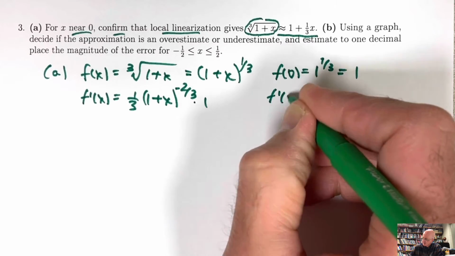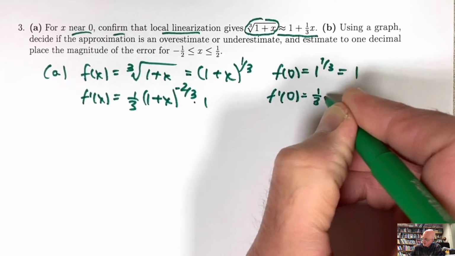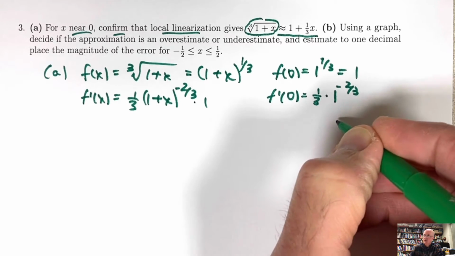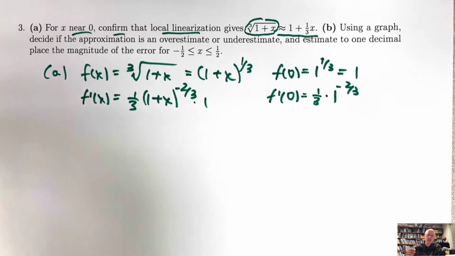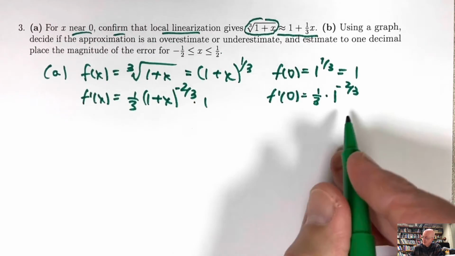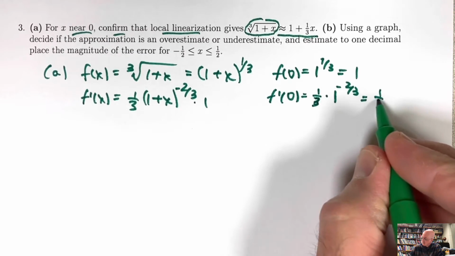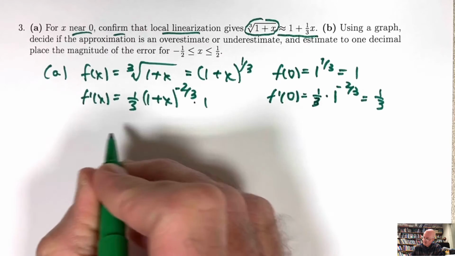And f prime of 0 is 1/3 times 1 to the negative 2/3. That's the same as 1 over 1 to the positive 2/3, and anything to the 2/3 power, you can square it first, then take the cube root. Anyway, because it's 1, we still get 1. 1/3 times 1 is 1/3, and that confirms it.